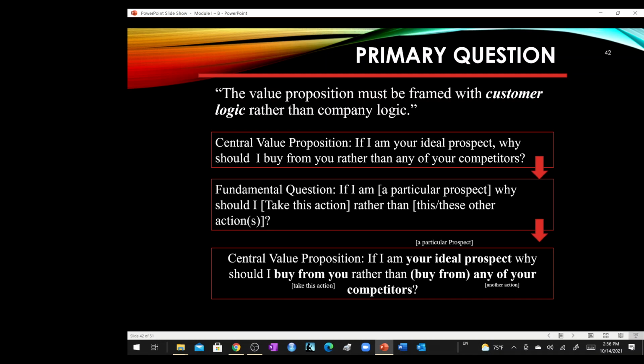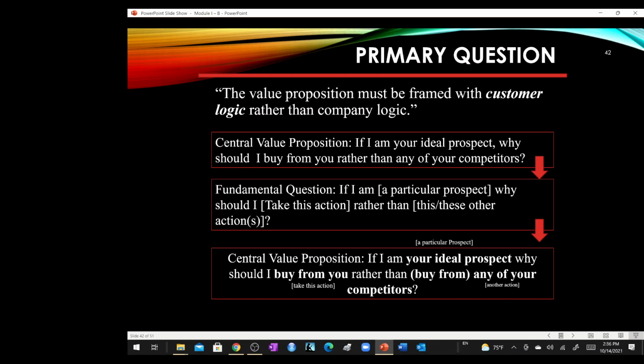a central value proposition. And again, the question is, if I am your ideal prospect, why should I buy from you rather than the competitors? The fundamental question that we already covered is, if I am a particular prospect, why should I take this action rather than these other actions?